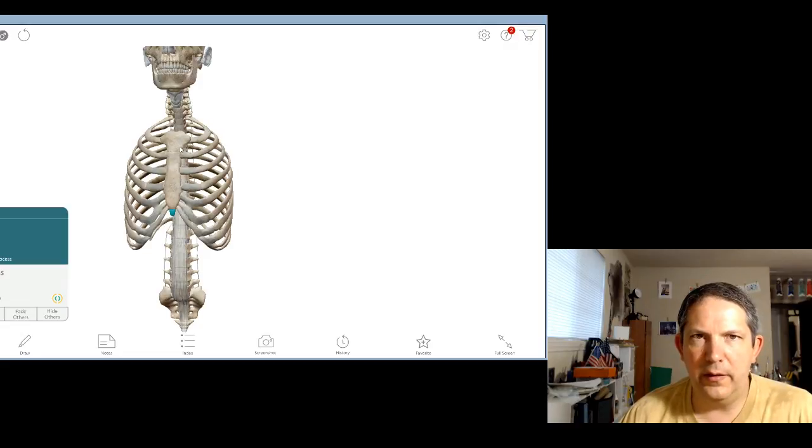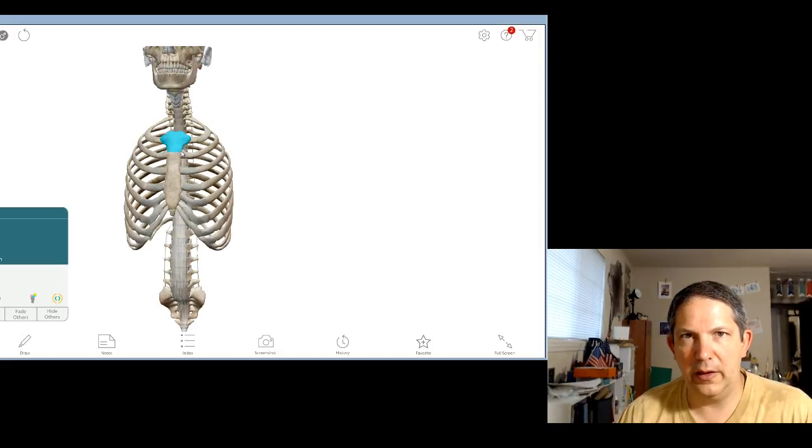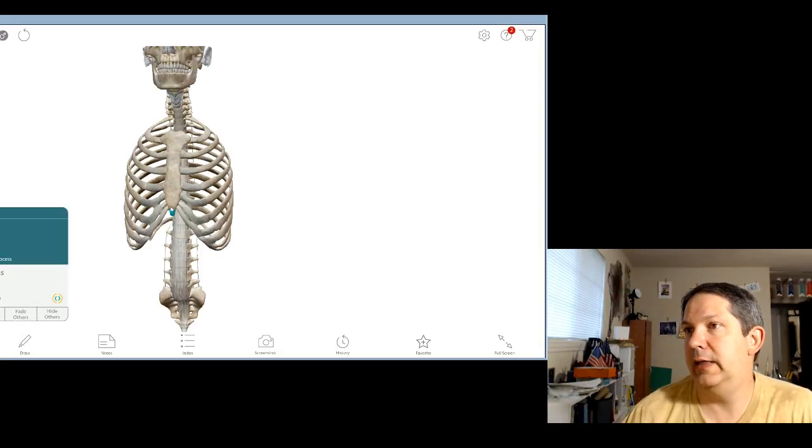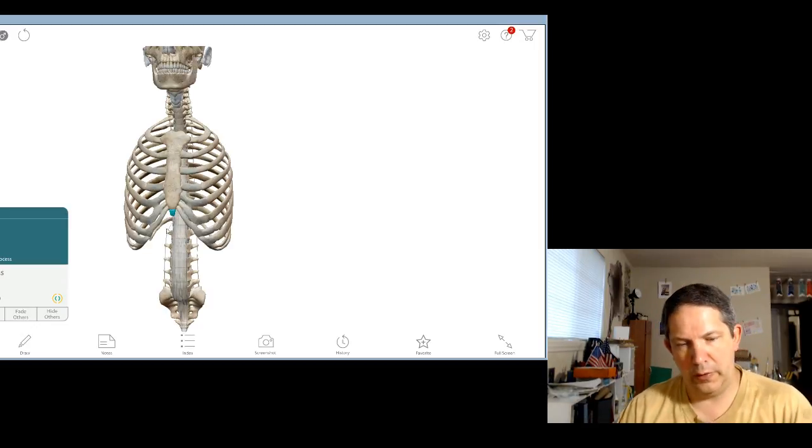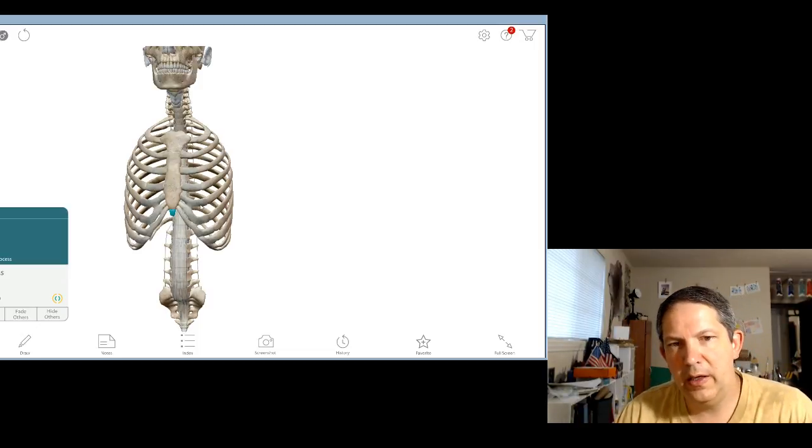Now, a gladius is a Roman sword, and this is just the handle, the manubrium, the handle of the sword, the gladiolus or the body of the sword, and the xiphoid sword tip-like process. So don't punch somebody there, because the xiphoid process can get broken off and do some damage, maybe to a lung.